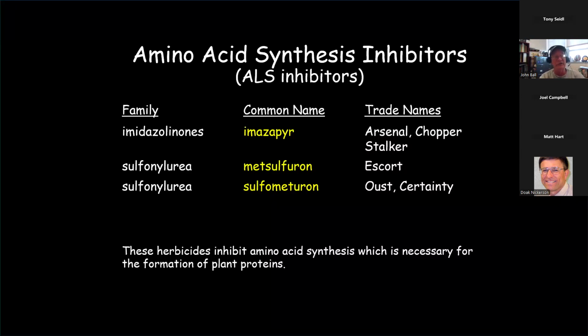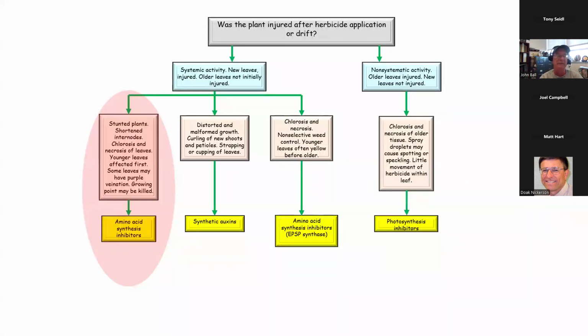Well, let's look at some others that we have root issues with. These are the amino acid synthetic inhibitors, and we have a number of them, but I see mostly not drift problems, but root problems. And on these, stunted plants, shorter internodes, and chlorosis will show up.